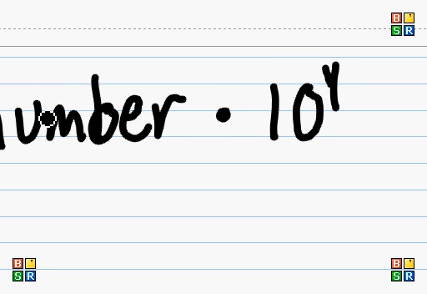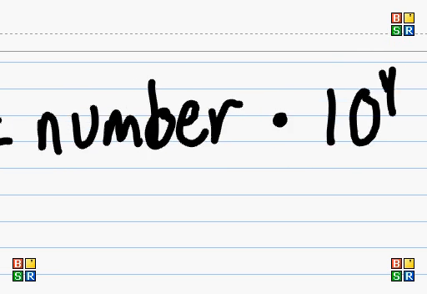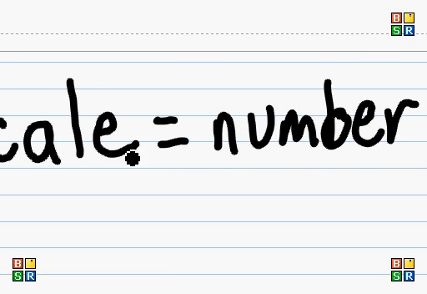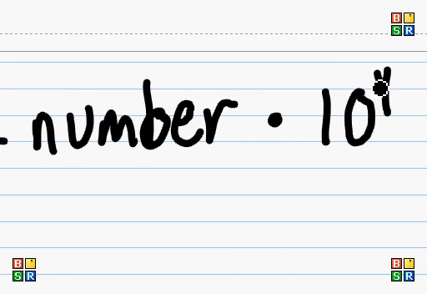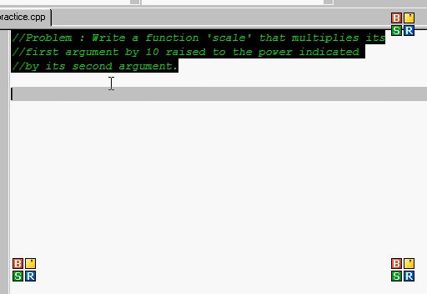So you're going to take the number from the user and multiply it by 10 to the y power, and we're going to use functions to do this. The number and y are going to be passed to a function, and it's going to solve for scale. You're only going to use int main for the input of the variables.